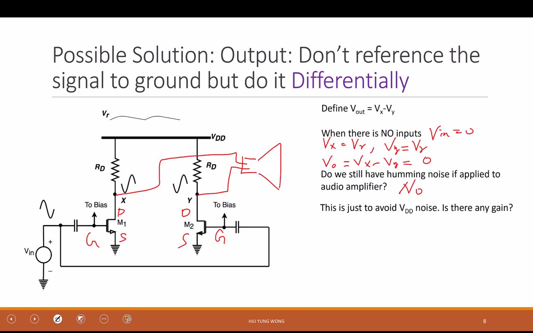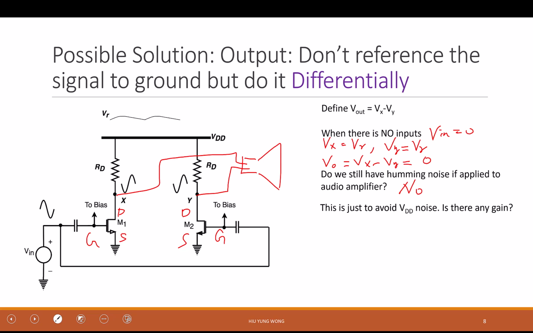Because we all feel the same bump at the same time. You will only see the difference between you and me, and that is how we cancel the noise. As long as both of these signals feel the same noise, and because differential means subtraction, this common mode will be canceled.